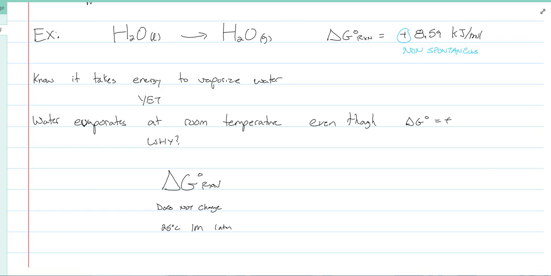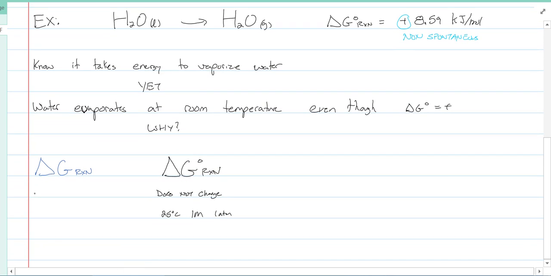However, delta G for the reaction can change, right, due to the conditions. Well, we need the conditions. What are the conditions?